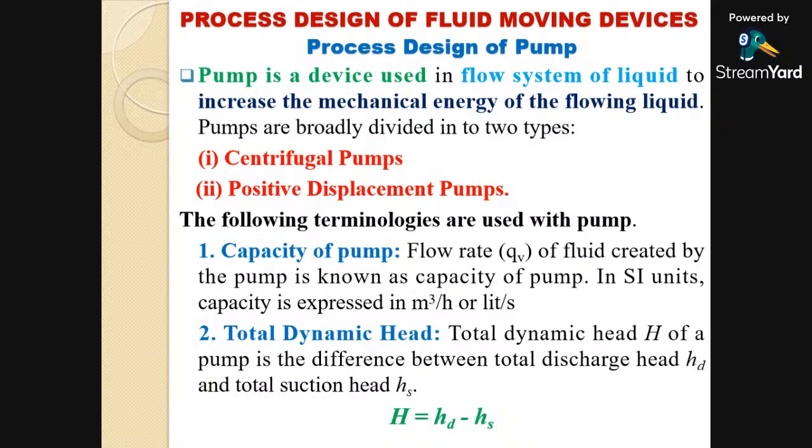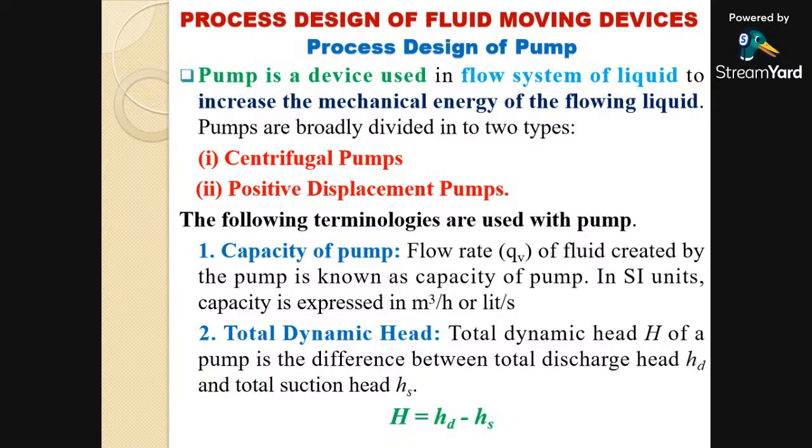So there is scope to use the gravity difference when the storage tank or hold up tank is at a higher elevation. But many times it is not possible. Sometimes you need to transport the fluid over a very large distance, or your storage tank may be at ground floor and you need to deliver the fluid at a higher altitude. In that case, we use the pump.